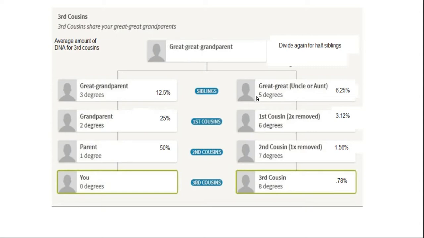Since these are full siblings, you divide by half over here, divide by half. And by the time you get to third cousins, you share less than 1% of your DNA. Every step up and every step down, divide by half.